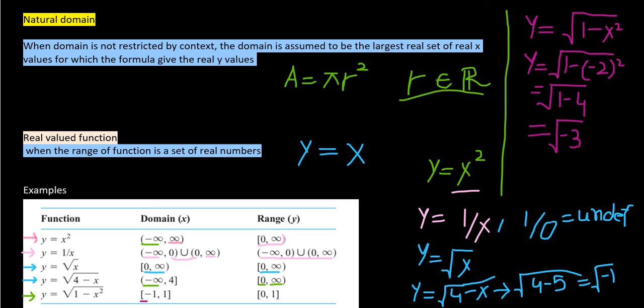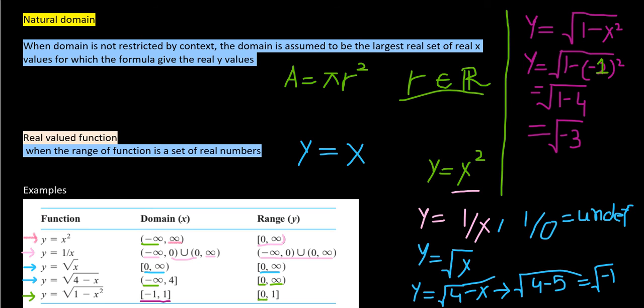So if we put minus 1, 0 and 1 and any other value that lies between minus 1 and 1, we can get a range. Suppose if we put 1 over here, we will get 0, and if we put minus 1 over here, we will again get 0 that lies in our range.